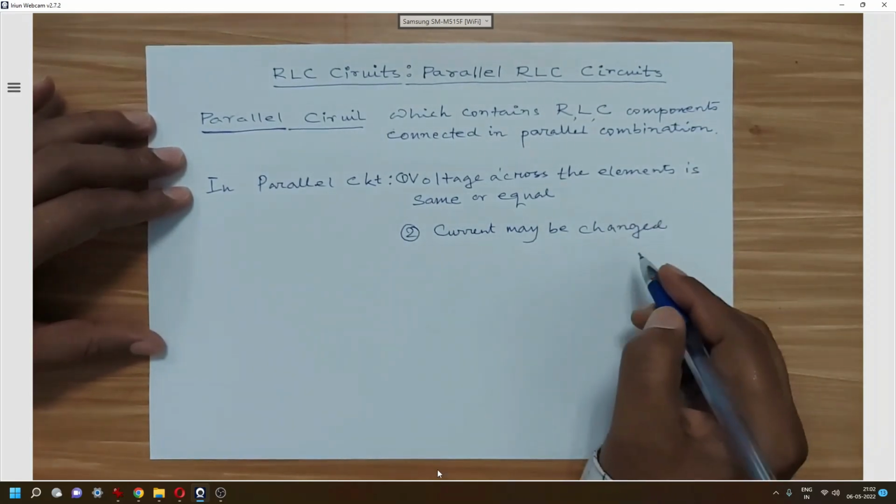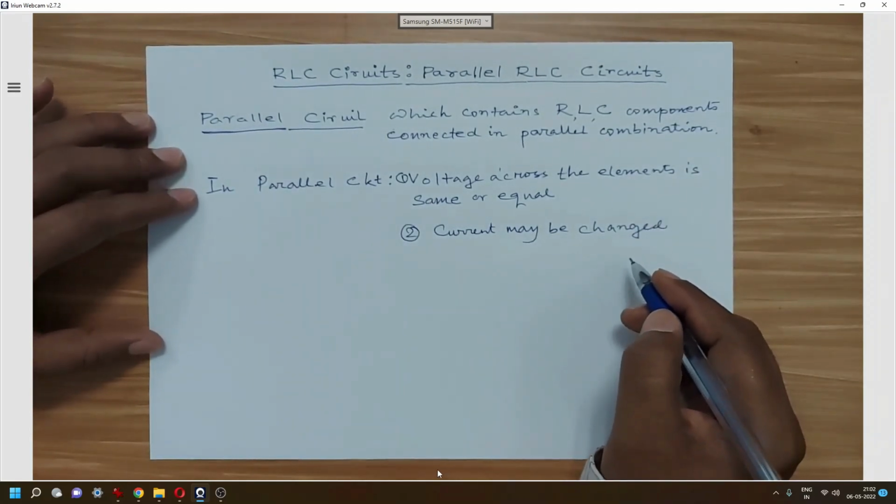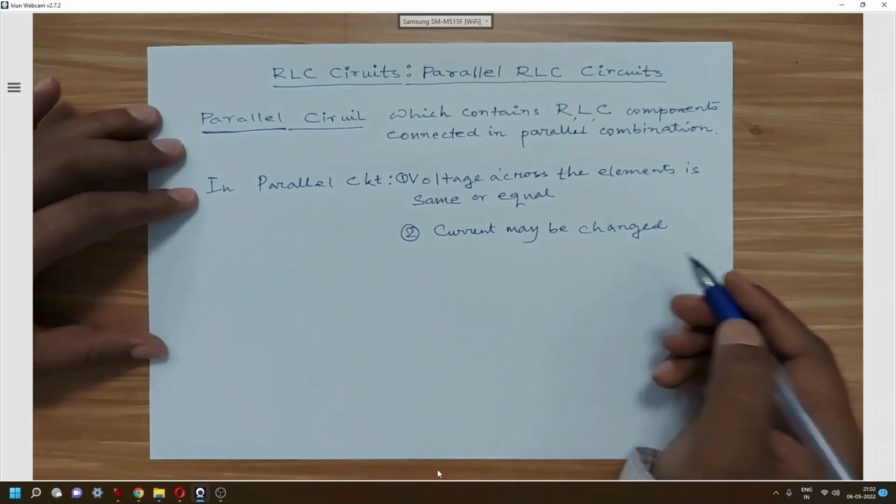That depends on the value of impedance created by each elements.